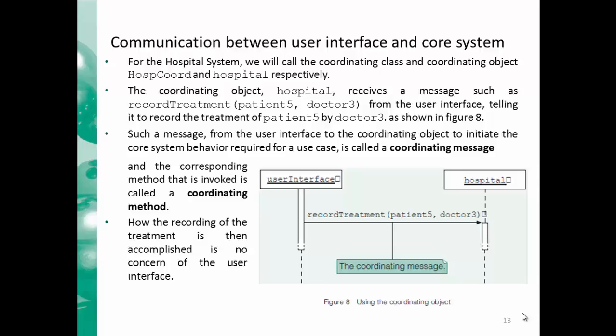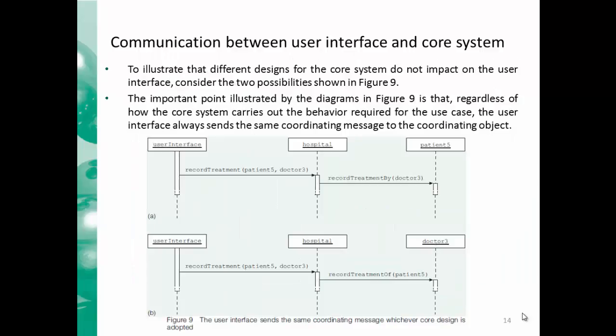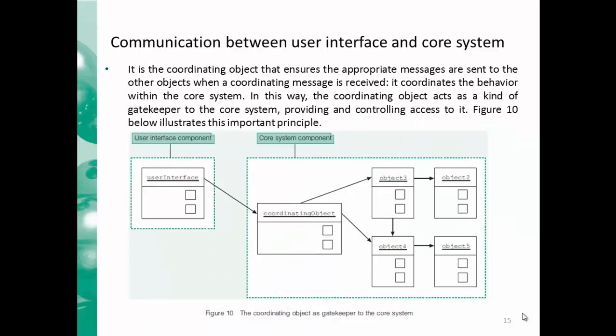And our coordinating method is the method implemented in the hospital coordinating object to be able to perform the message received from the interface. After sending this message, record treatment of patient and doctor, to the coordinating object hospital, the coordinating object has the choice either to call record treatment by doctor and get the service from the patient, or record treatment of patient and get the service from doctor.